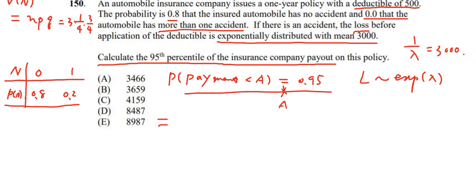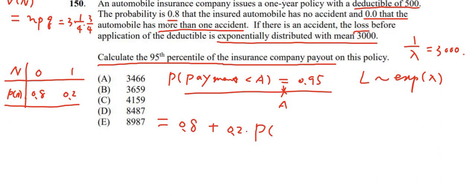If N equals 0, the payment less than A is for sure, right? And N equals 1 has a chance of 0.2. So for N equal 1, we need to check the probability that the payment is less than A.